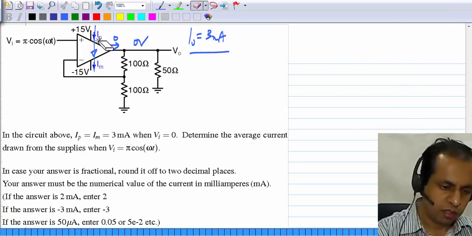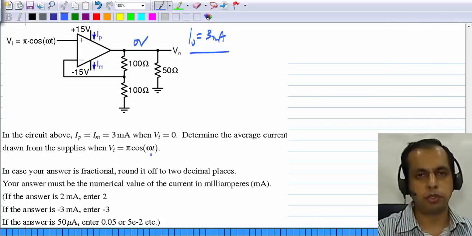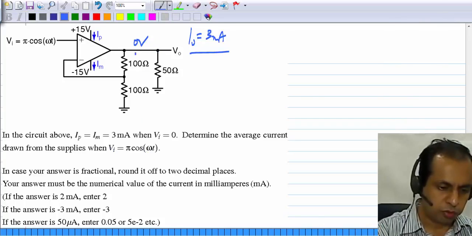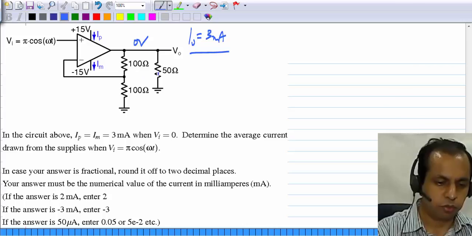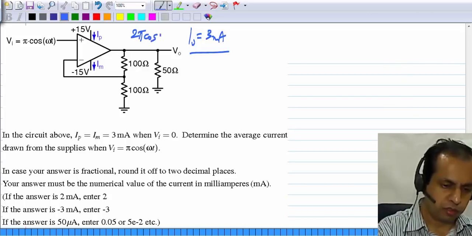Now Vi is pi times cos omega t. So the output voltage here, this is a gain of 2, right? We have 100 ohms and 100 ohms. So the output voltage here will be 2 pi cos omega t.